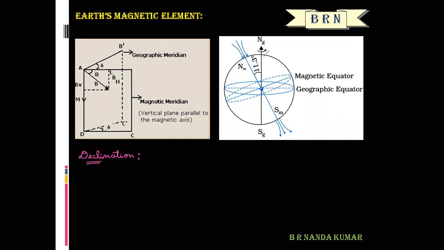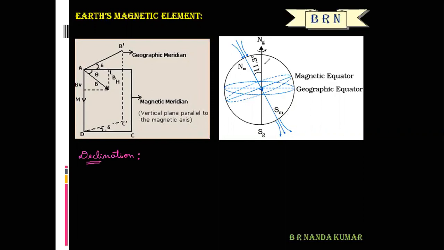This is the geographic north pole of Earth. This is the geographic south pole of Earth, and this one is the magnetic south pole, and this is the magnetic north pole. This is the magnetic axis of Earth, and this is the geographic axis. So the magnetic axis does not coincide with the geographic axis. This point is very, very important.